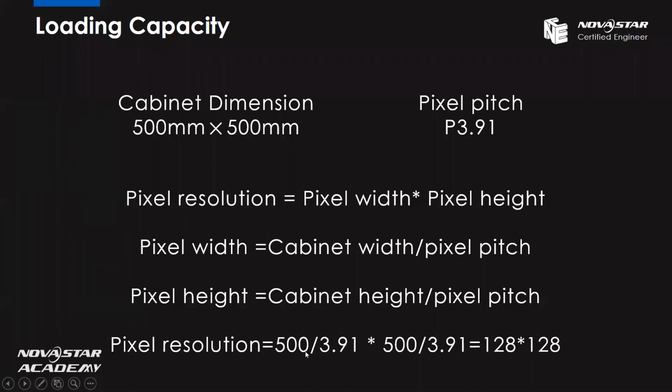So here we use 500 millimeters divided by 3.91, multiplied by 500 divided by 3.91. After calculating, we get the pixel resolution of 128 by 128.